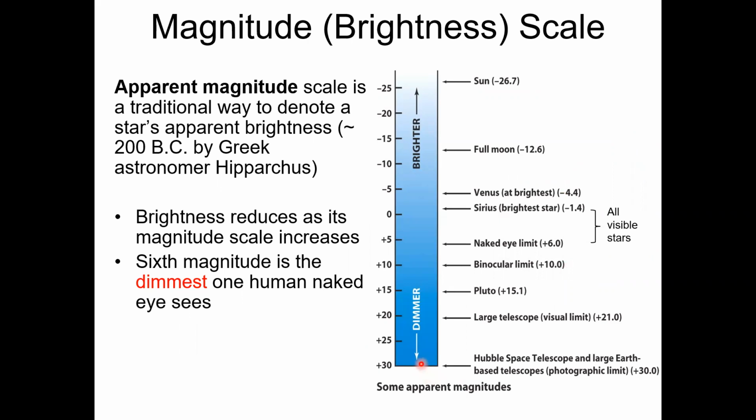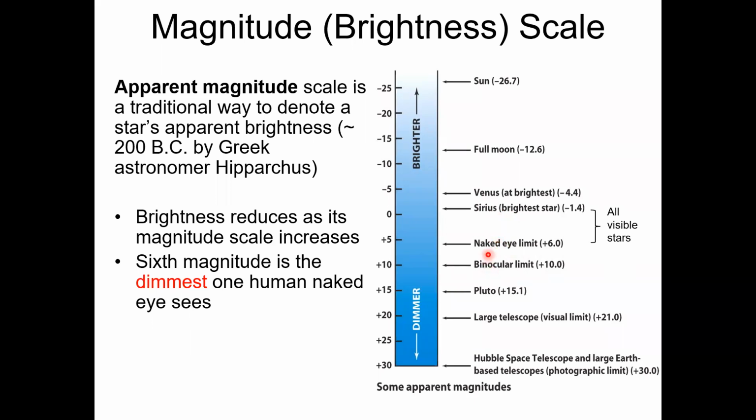Let me show you this scale. If you put known objects in the sky, starting from the sun as the brightest, then the full moon, then you have Venus, you have Sirius. I'm sure some of you may have seen Sirius in the evening twilight or before sunrise, a very bright star in the dusk sky.